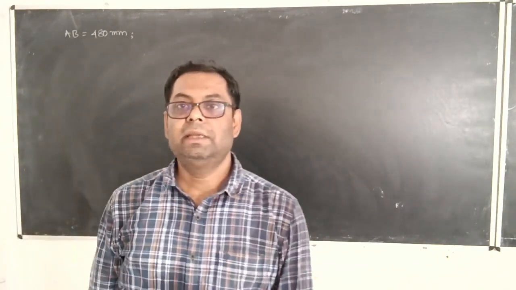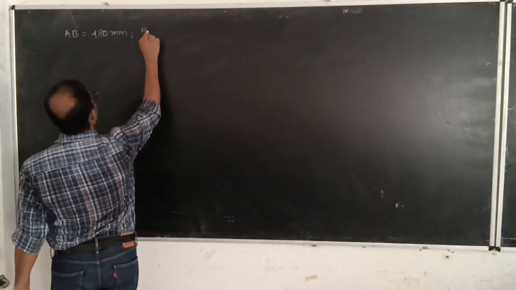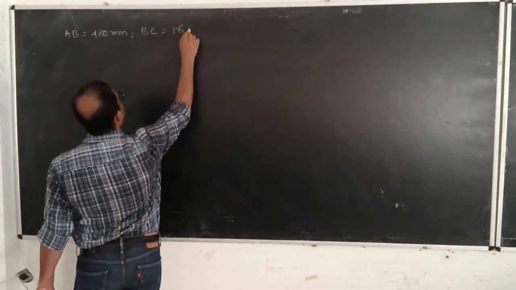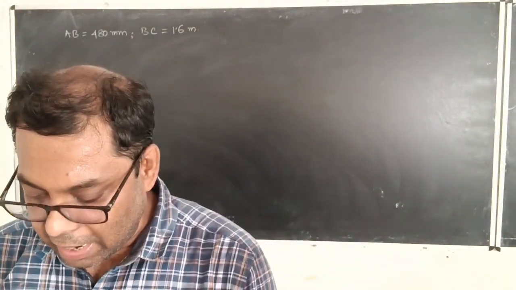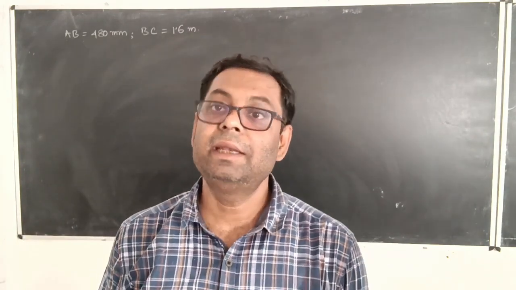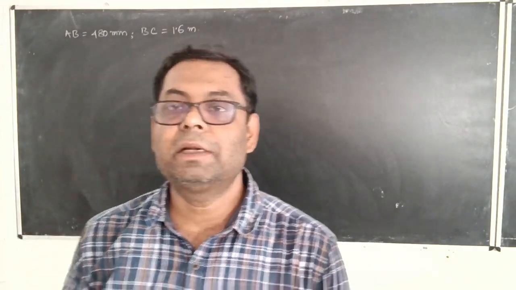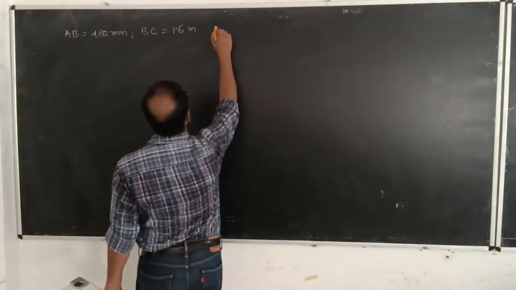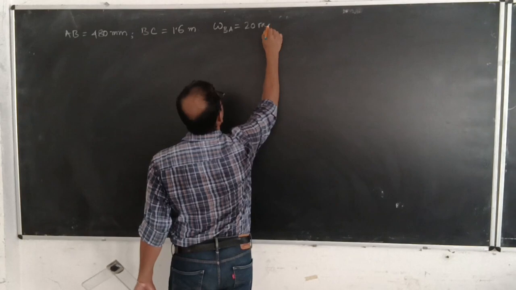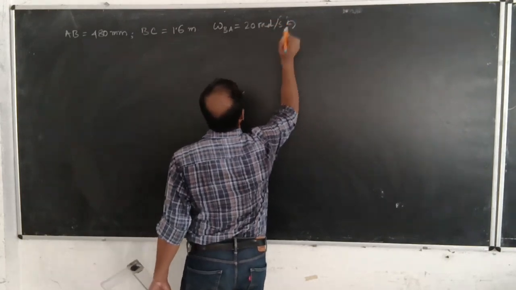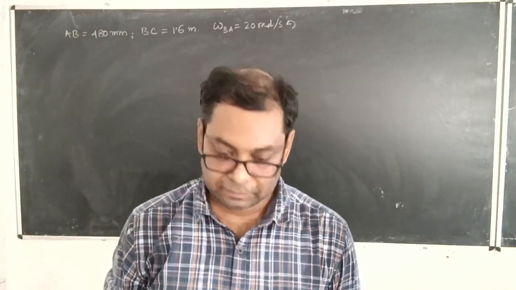The connecting rod is 1.6 meter long, and the crank is rotating in anti-clockwise direction with angular velocity of 20 radian per second. At 20 radian per second, it is rotating in anti-clockwise direction.